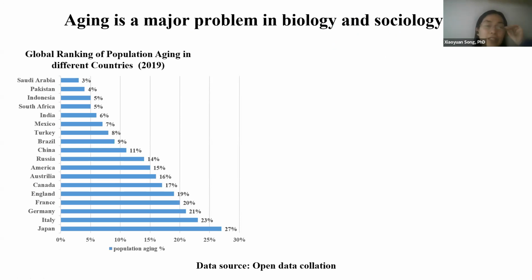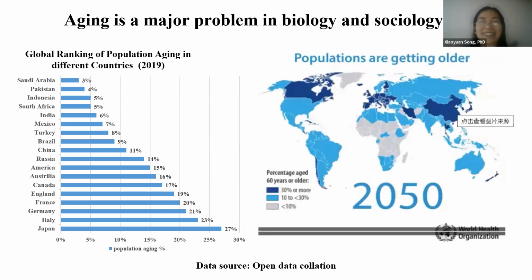We can see on the screen that in 2019 the global ranking of population aging in different countries was already very severe, and WHO predicts that by 2050 population aging will get worse.